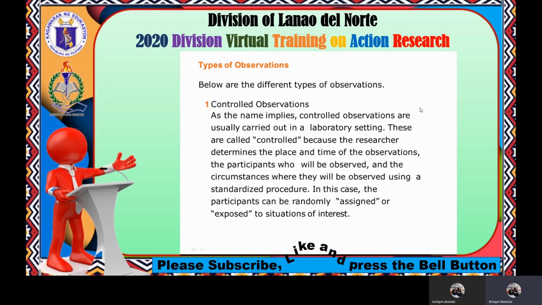Another strength is that these are easily and quickly analyzed. Dali ra siya ma-analyze. Both data coding and data analysis are less time-consuming for the researcher. Third advantage is that this can be conducted in a short time. So, dali ra siya, which will enable the researcher to do more observations and include more participants.